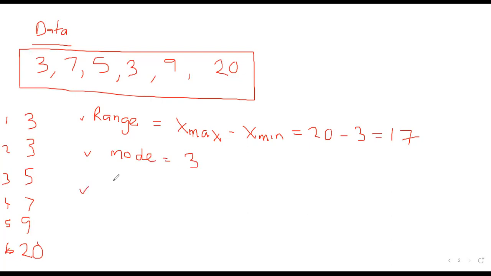We also have what we call the median. The median is the middle value. It's half of the total frequency. So half of n plus 1. Our n is 6. 6 plus 1 is 7. So half of 7 is 3.5.